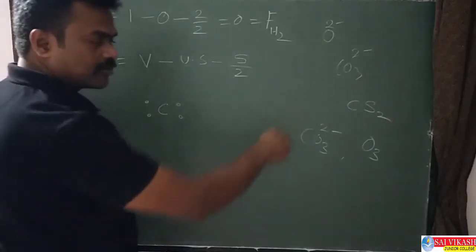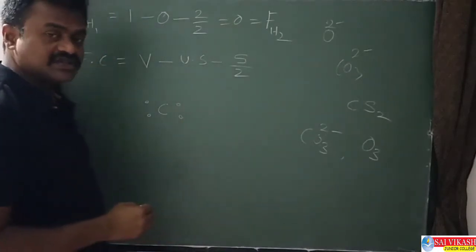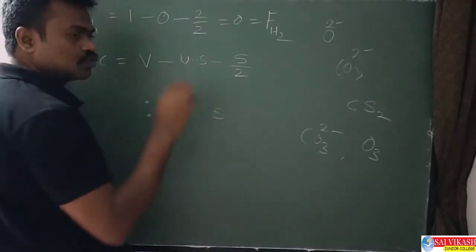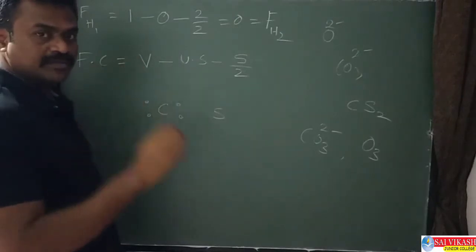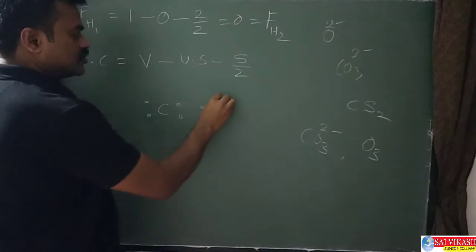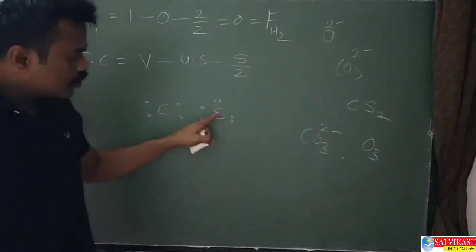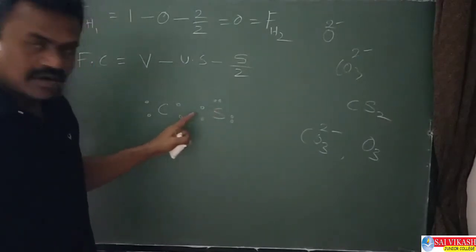These 4 are forming bonds with the 2 sulfurs. Sulfur Lewis dot structure we know: 2 lone pairs, 2 bond pairs. I am writing 2 bond pairs like this, and 2 lone pairs like this.